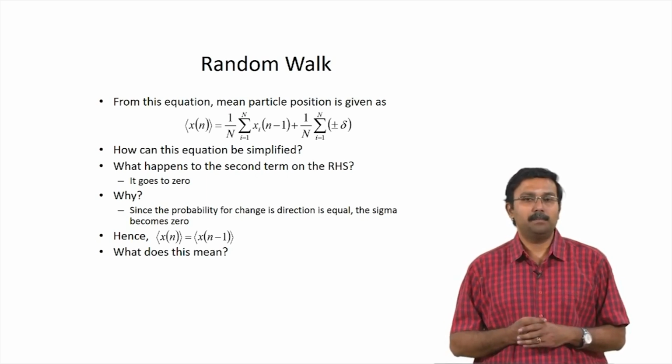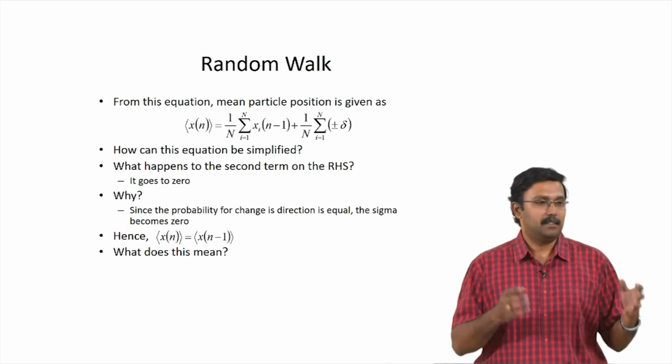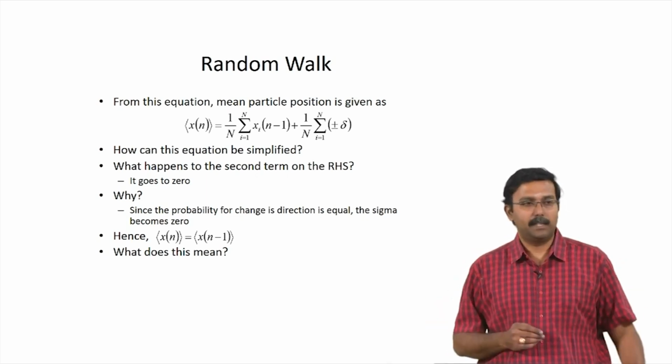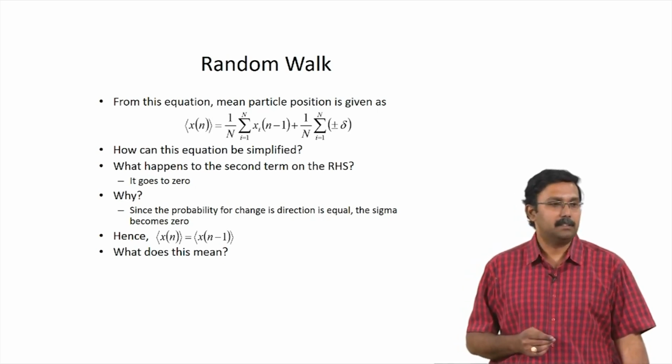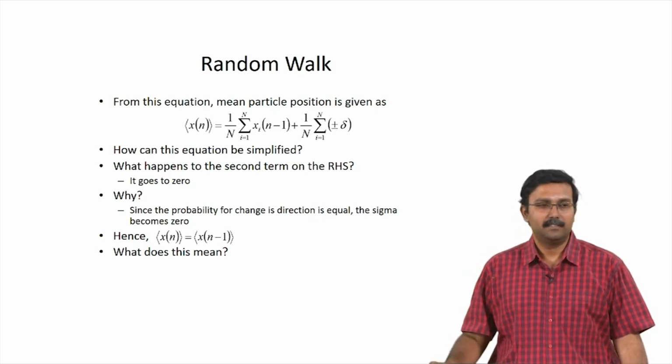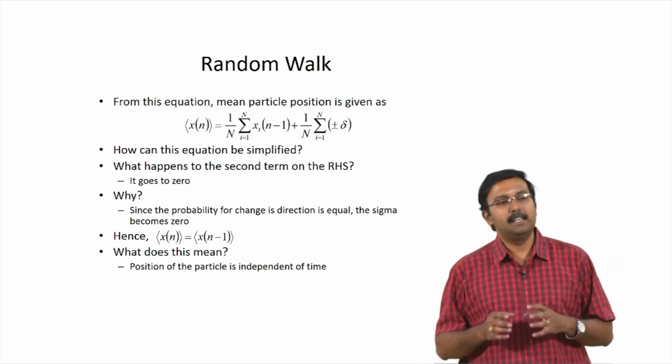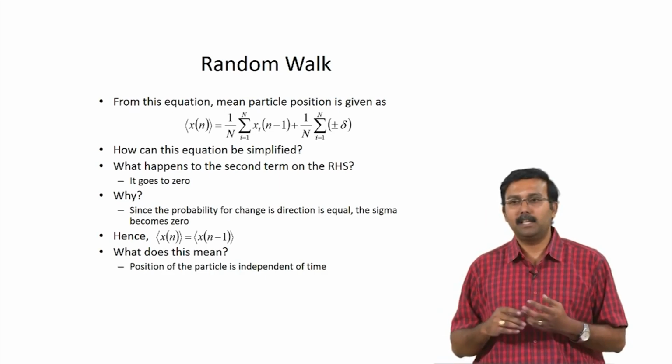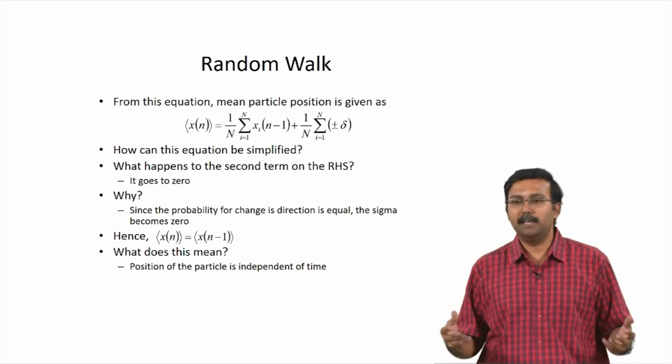So, basically what happens is x of n equals x of n minus 1. What does this mean? The mean position of the cells remains the same. It is independent of time. The position of the particle is not directly dependent on time.